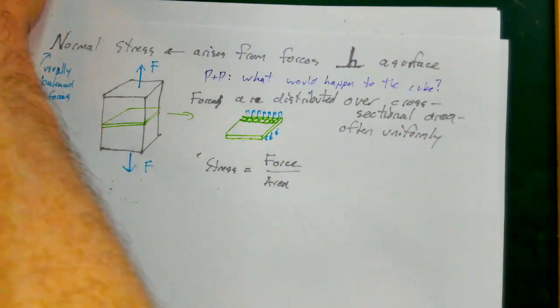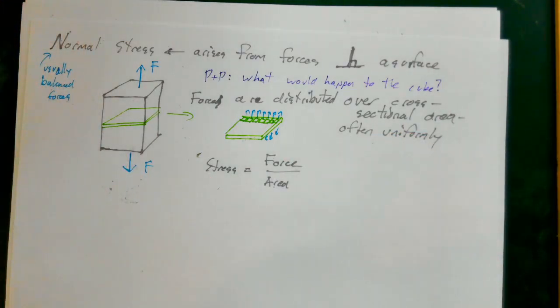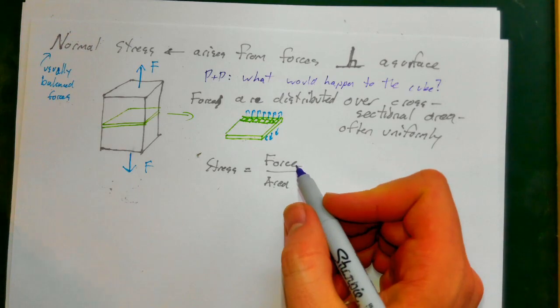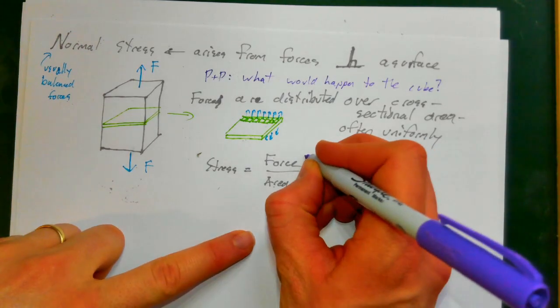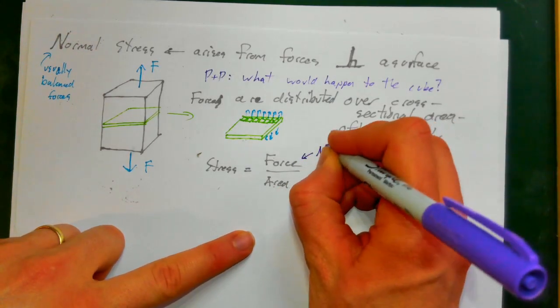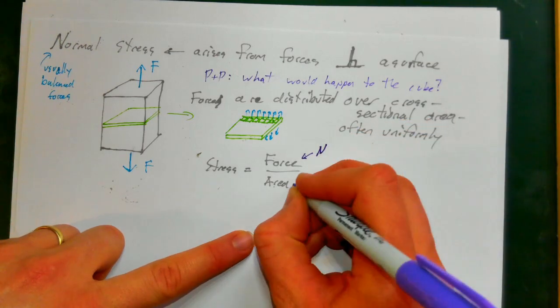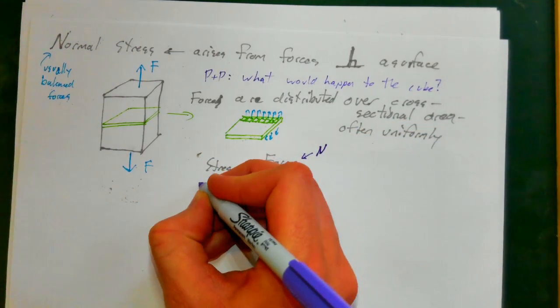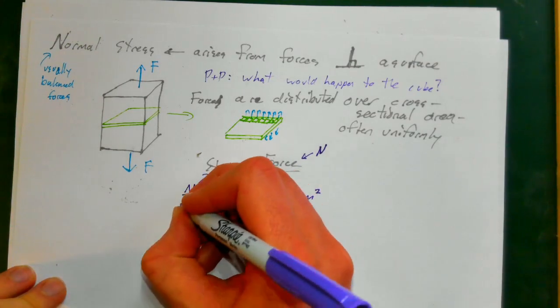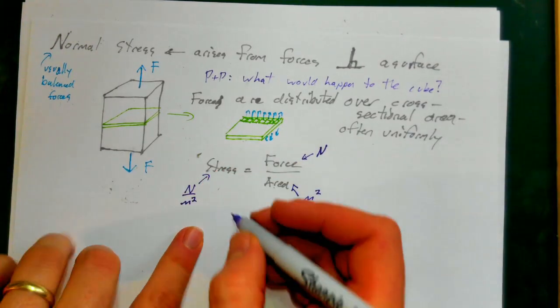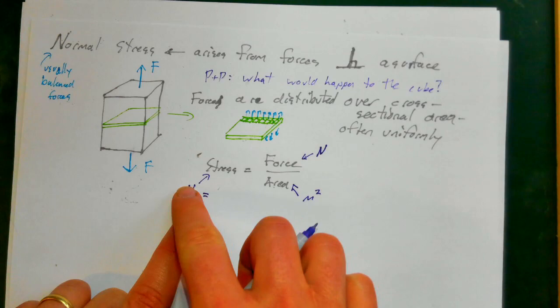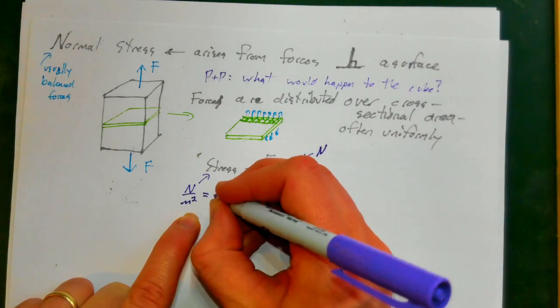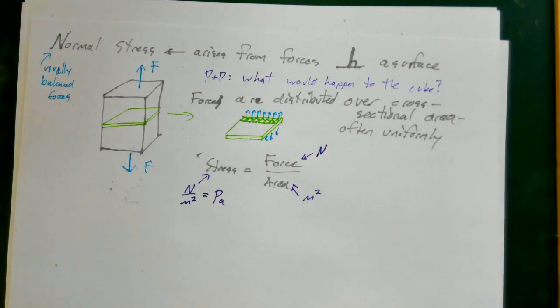In SI units, which is what we'll try to use mostly throughout this course, force would of course have units of newtons. Area would have units of meters squared. So stress would have units of newtons per meter squared, and oftentimes this newton per meter squared is given a special name, the Pascal.